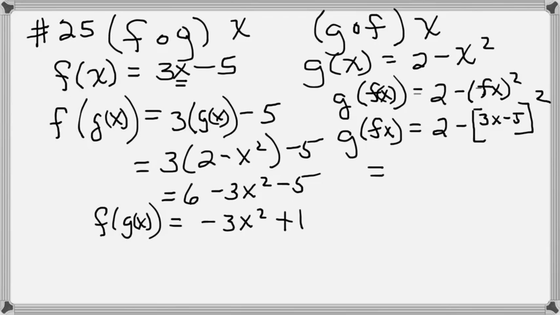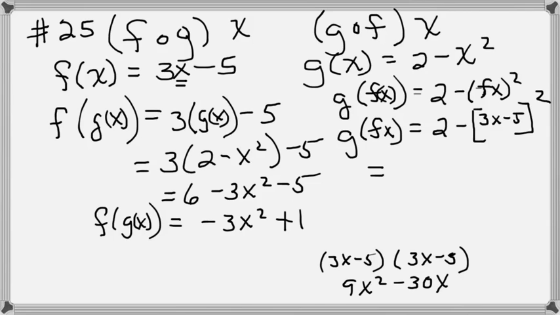Now, make sure you distribute that negative as well, but I'm going to take 3x minus 5 down to the bottom, because I'm going to multiply those two. I'm going to square it, that's what I'm doing, and I'm going to get 9x squared minus 30x plus 25.